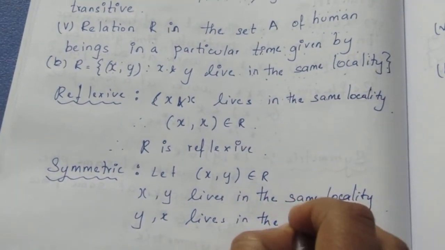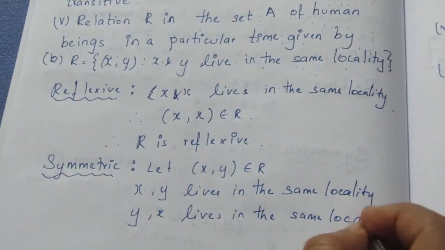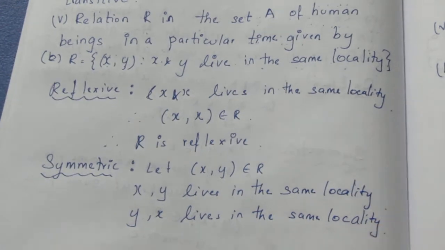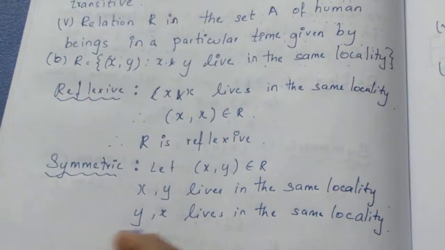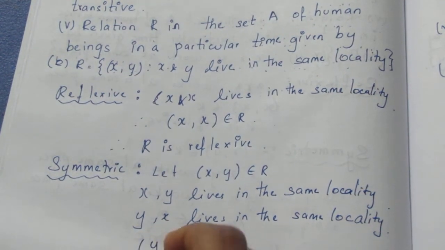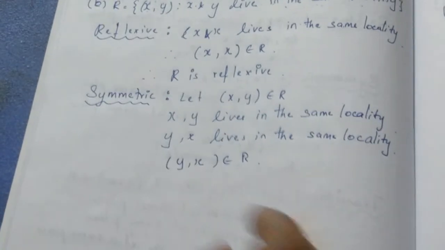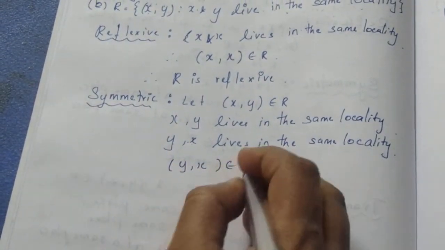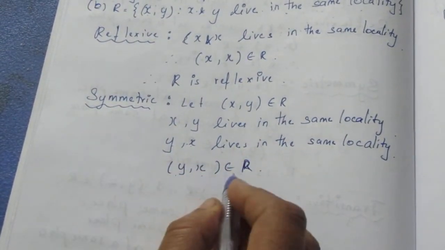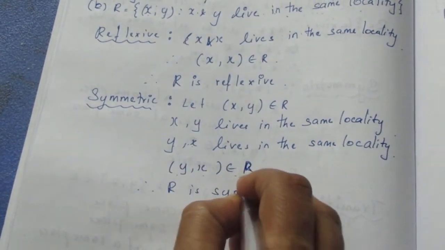If your friend lives in the same place, that means you and your friend also live in the same place. I'm just changing the word order, not the person. So they live in the same locality. We can write this as (y, x) belongs to R because this satisfies the given condition that y and x live in the same locality. So (y, x) belongs to R. This means R is symmetric.